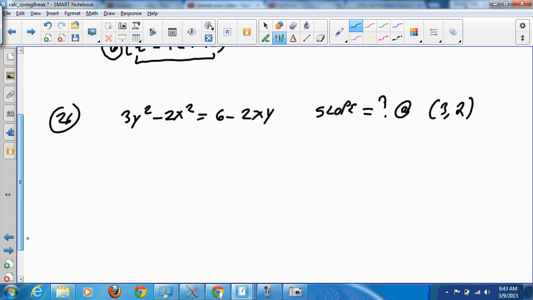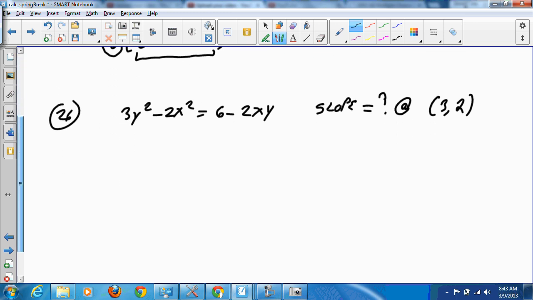Number 26, looking at it, you'd probably think, since we have x's and y's in this term, and we have y squared here, we can't just say that y equals something. So we're going to use implicit differentiation with respect to x, and just take the derivative piece by piece.